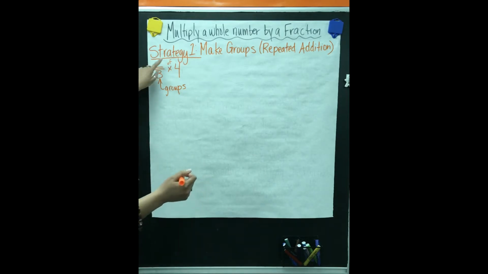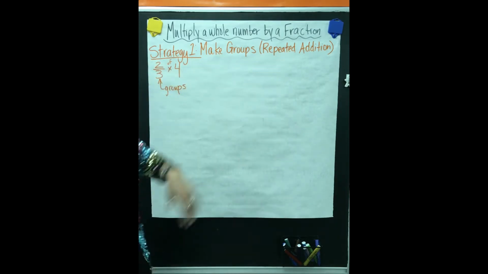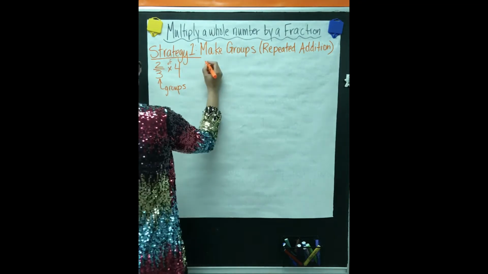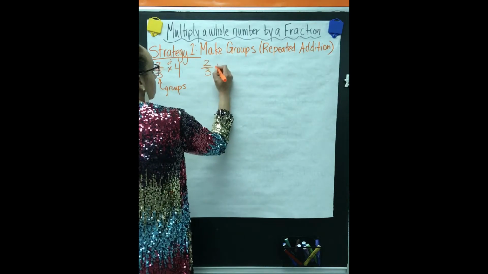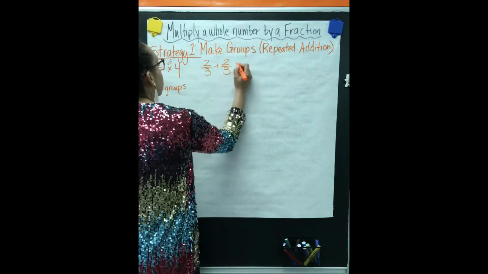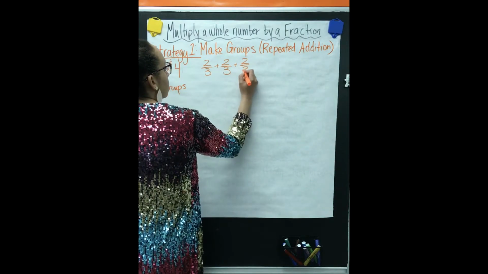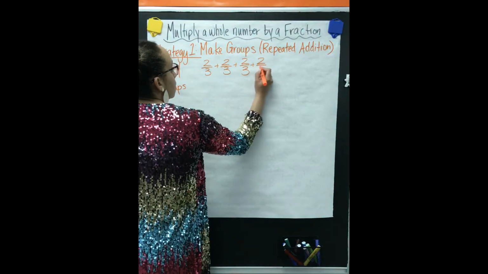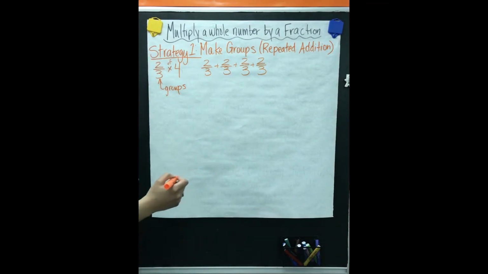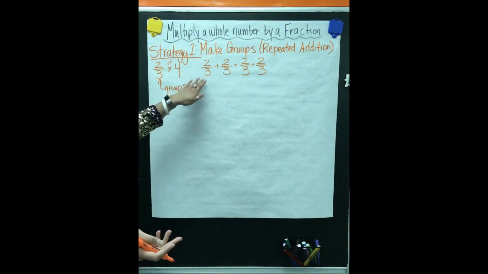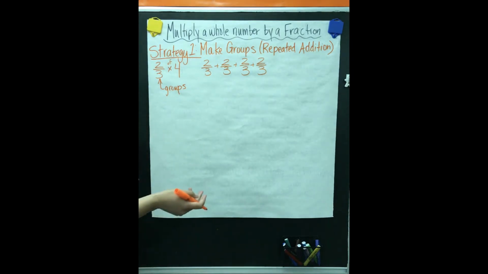So the denominator of 3 means that our 4 wholes are split into 3 pieces. So we have 2/3 of 4, but we're going to do repeated addition here. So we're going to add 2/3 plus 2/3 plus 2/3 plus 2/3. Well, when we add and subtract, do we add the denominators?